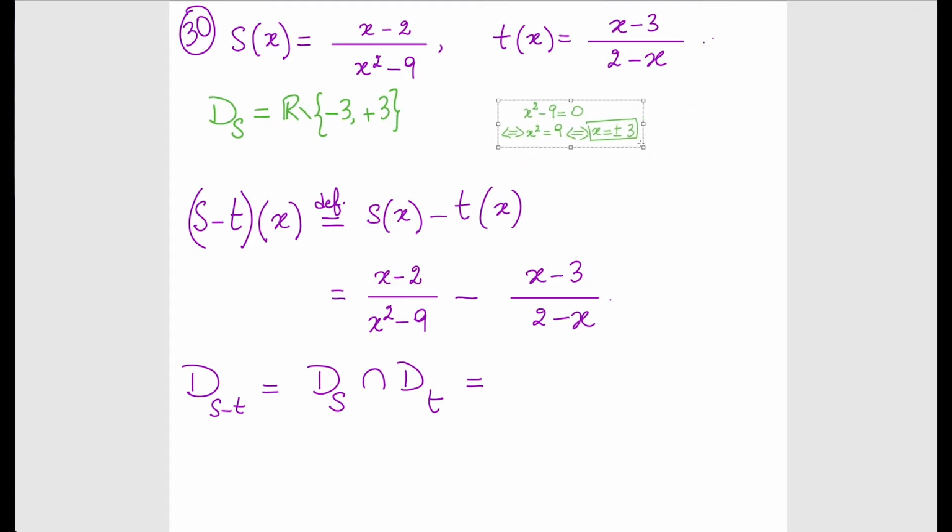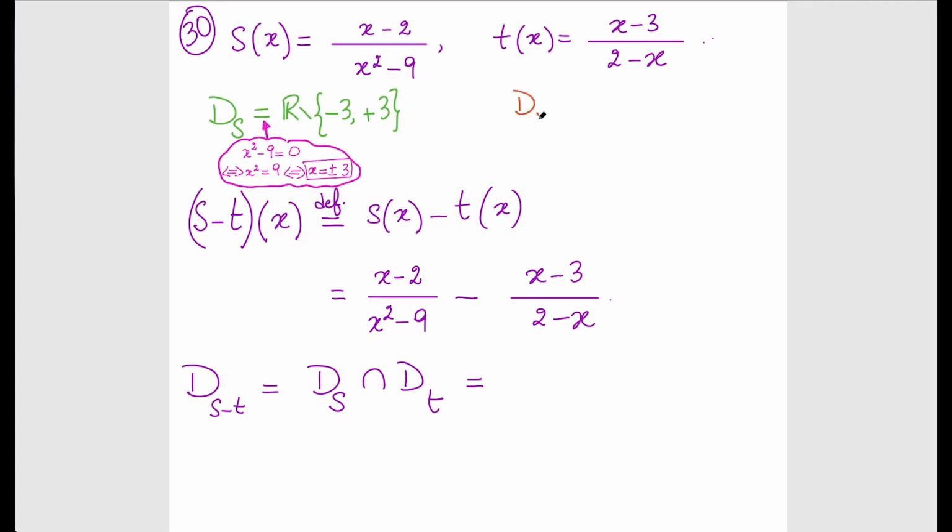This was an explanation that was needed to actually find that domain. And how about the domain of T? The output of the function T is still a quotient, and a quotient is meaningful as long as the numerator is meaningful, the denominator is meaningful, and the denominator is not 0. The numerator is meaningful all the time, because you can always chip away 3 units from a real number.